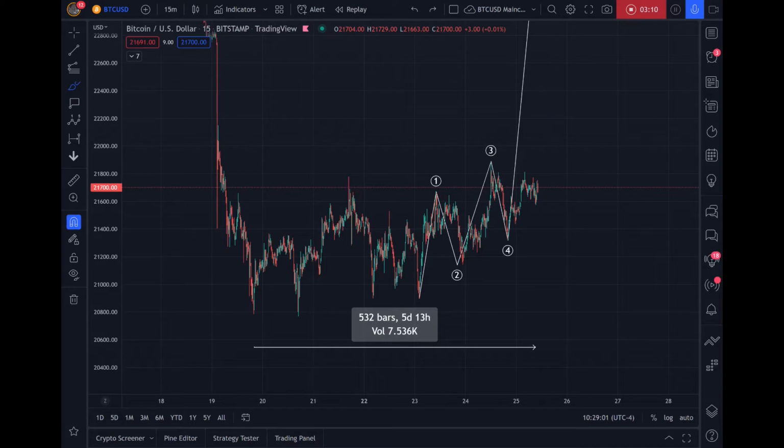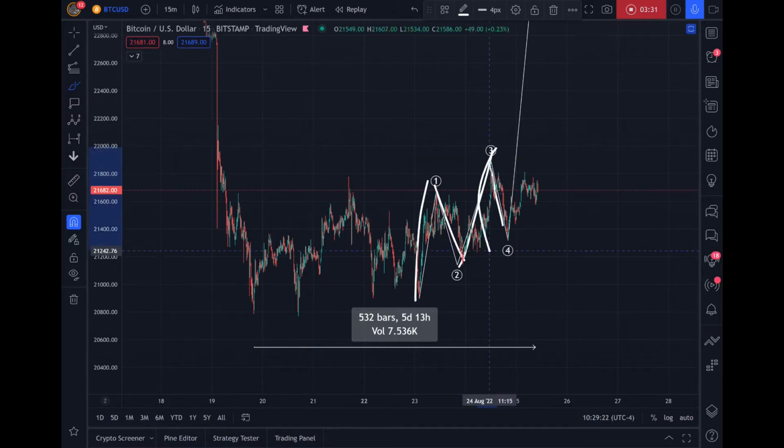Now, what I'm reading using Elliott wave theory is we've put in, as I said, this impulsive wave starting on the 23rd, let's say early on the 23rd, 5 waves up, 3 waves down. That's wave 1 and wave 2. Again, 5 waves up for wave 3, 3 waves down for wave 4.